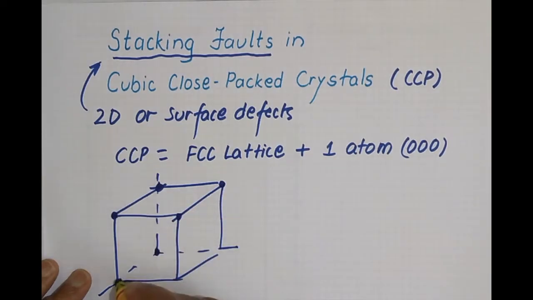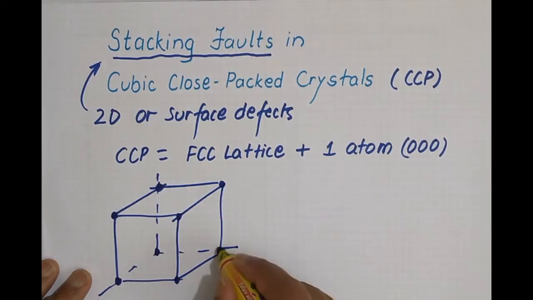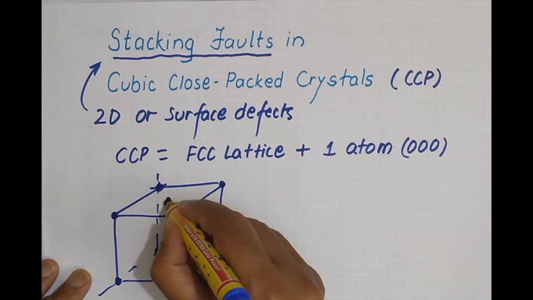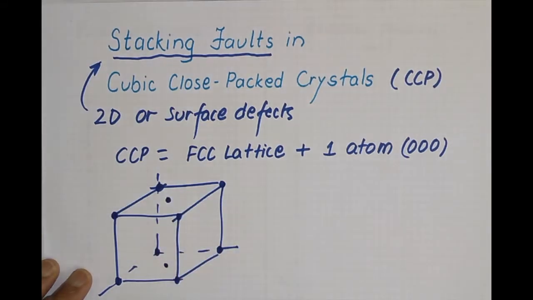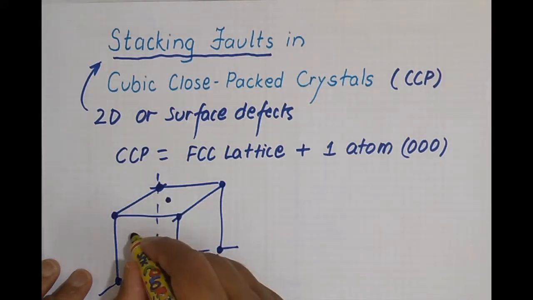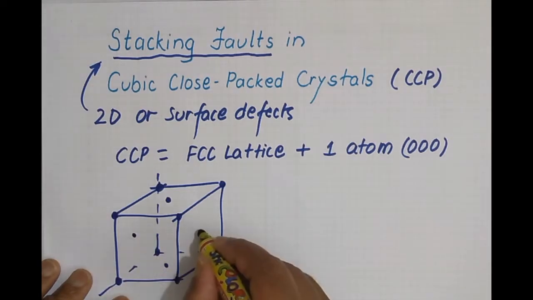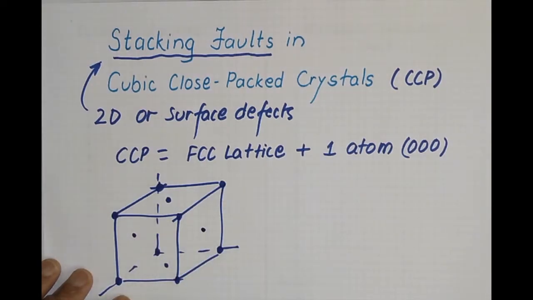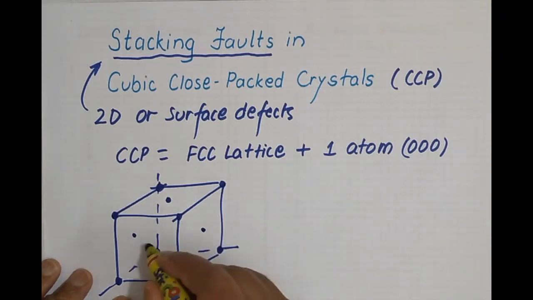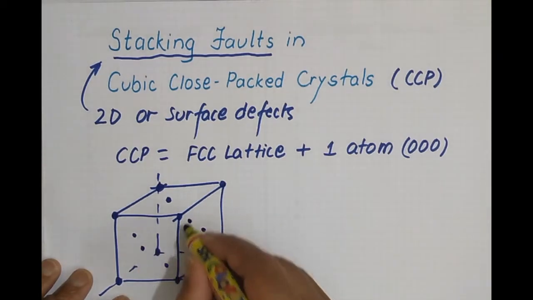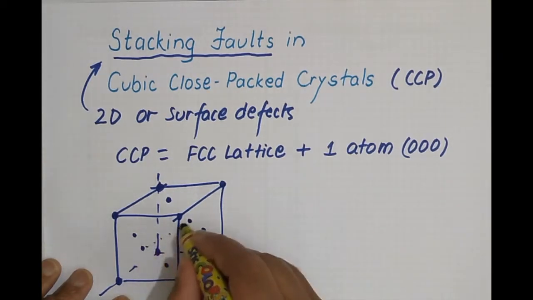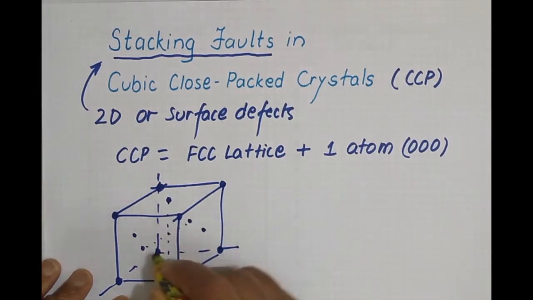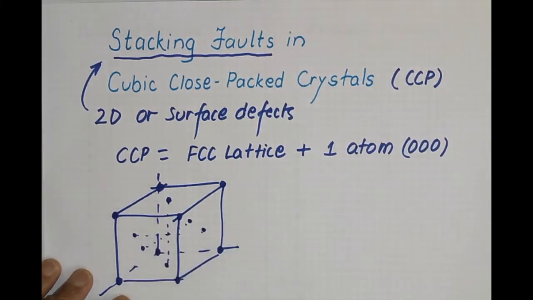This is a unit cell of the FCC lattice. Lattice points are at the corners as well as at the centers of all six faces. So top and bottom, left and right, and front and back faces. So the centers of all six faces. These are the lattice points.